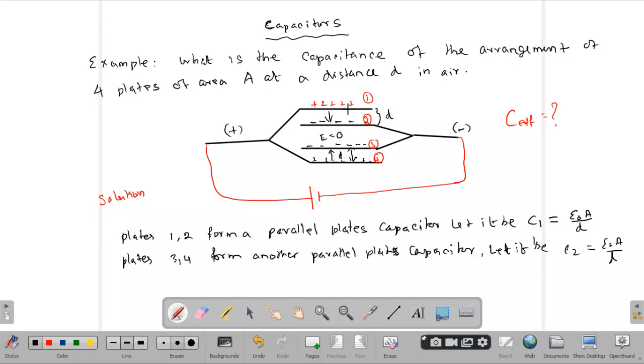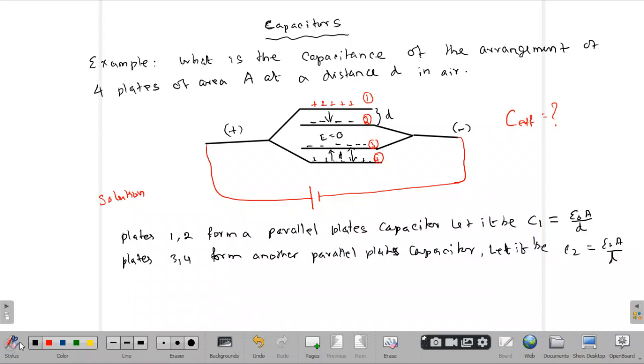Seeing the polarity plus minus, again minus plus, correct? Plus minus, minus plus means, because of the polarity shown in this figure, the two capacitors are in parallel combination.